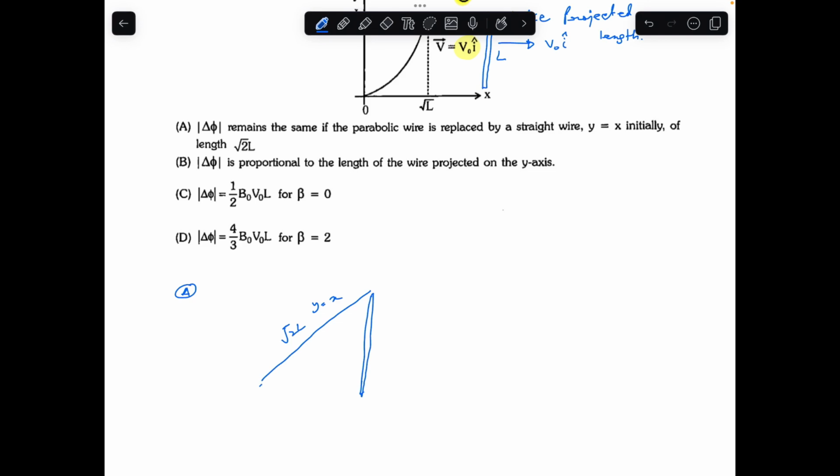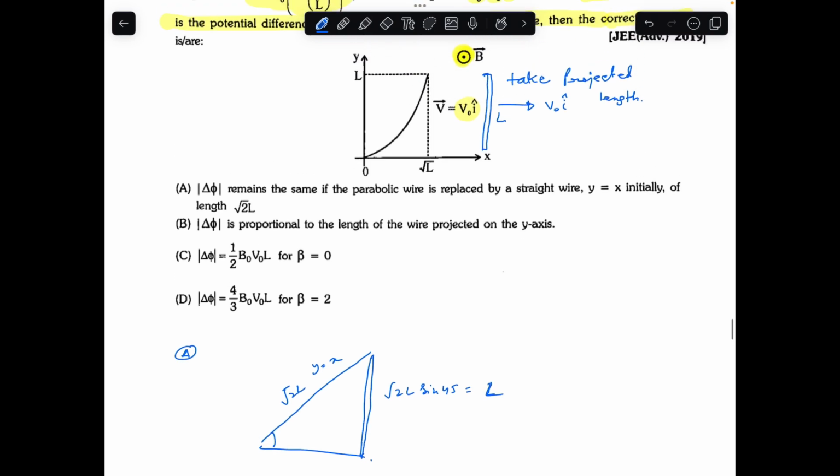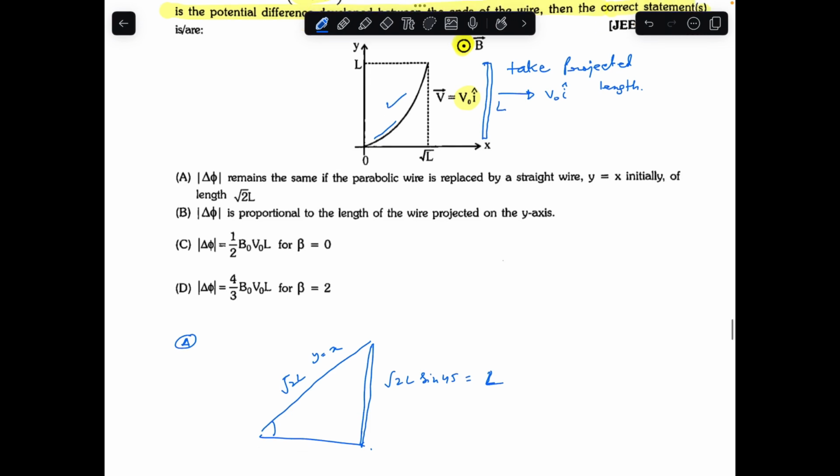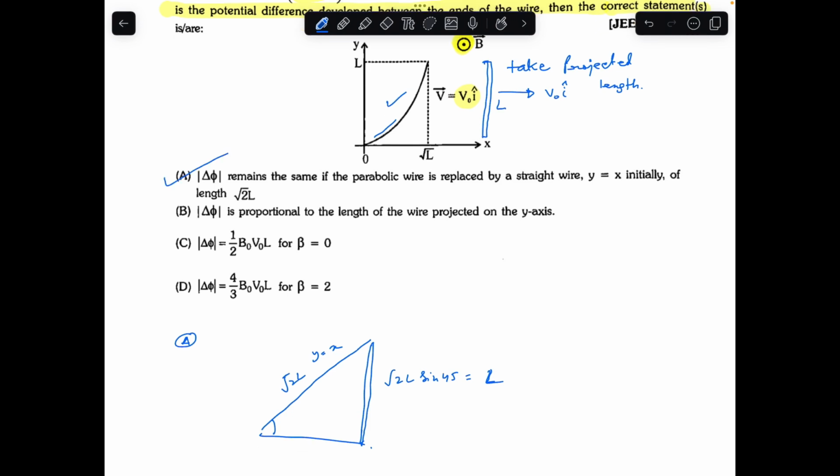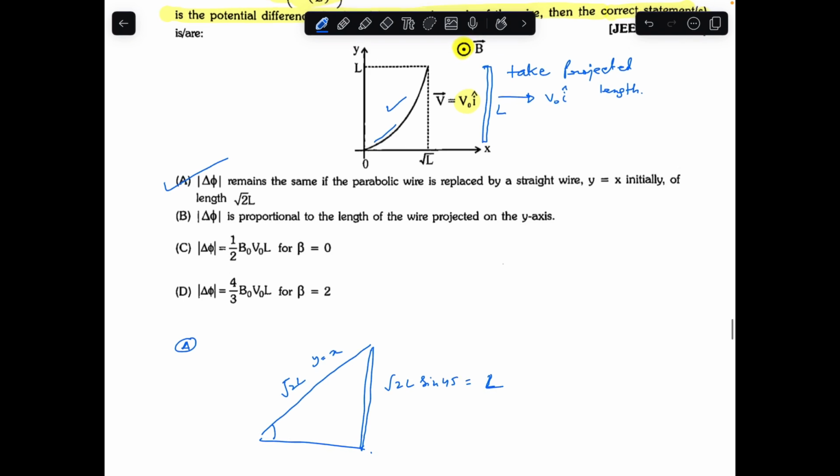Its projected length will be root 12 sine 45, which is equal to L. So projected length is equal to the initial projected length of the given system. So A is absolutely correct.